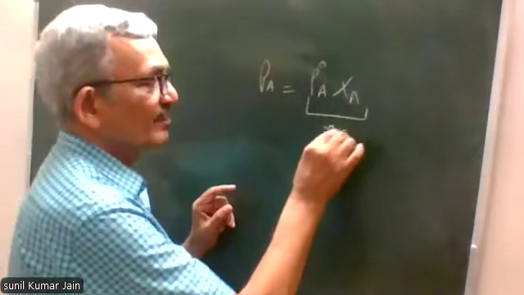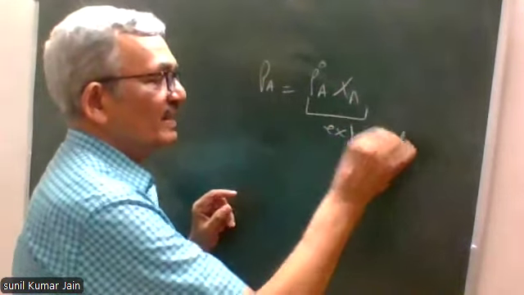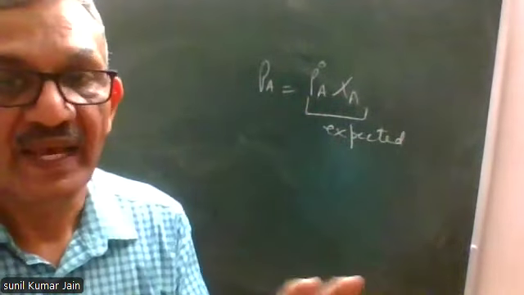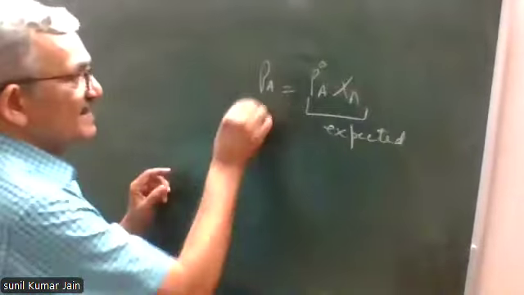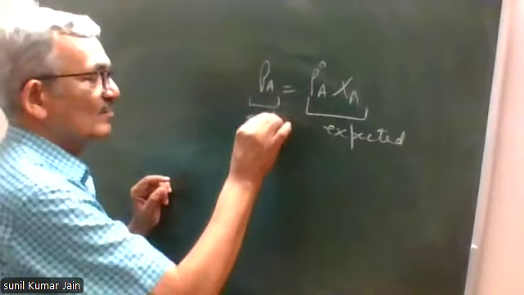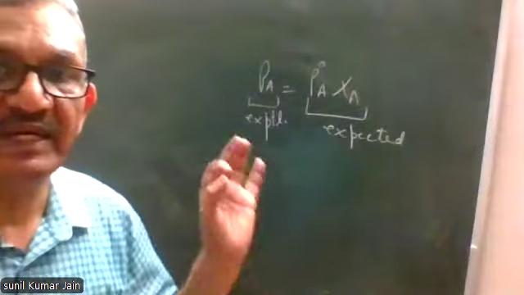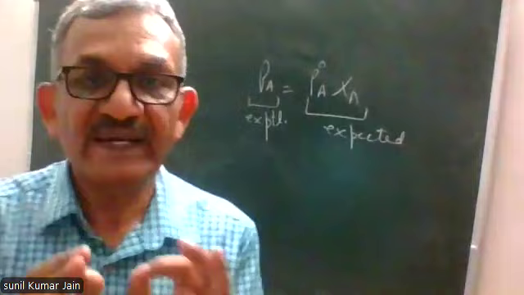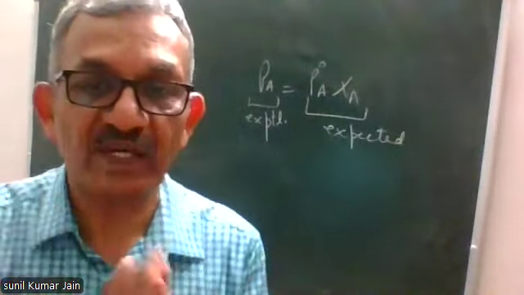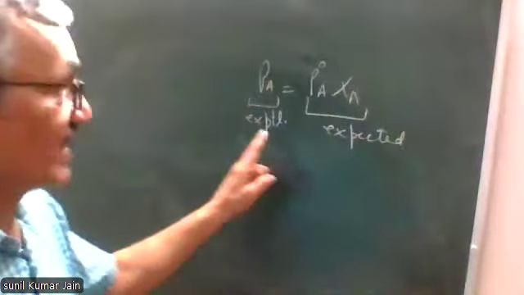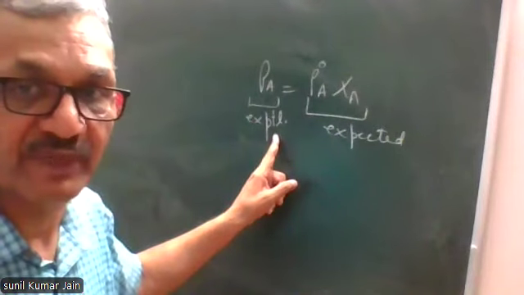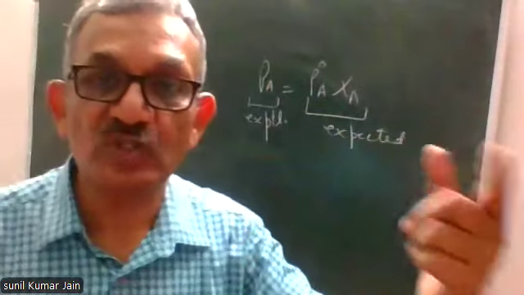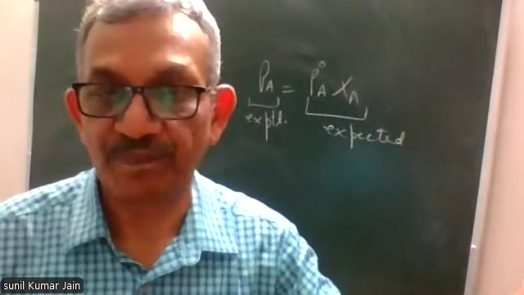It means this is the expected value of partial vapor pressure of A. And on the left hand side, let us say this is the experimentally determined partial vapor pressure of A. Now, if I say ideal solution obeys Raoult's law, it means experimentally determined partial vapor pressure is exactly equal to what we are expecting on the basis of Raoult's law.